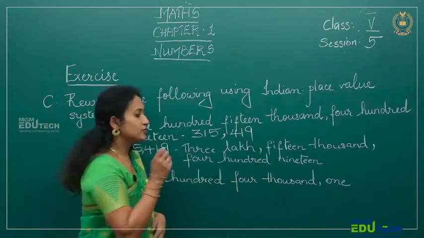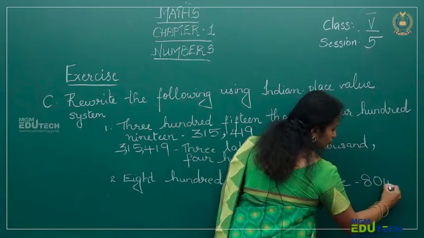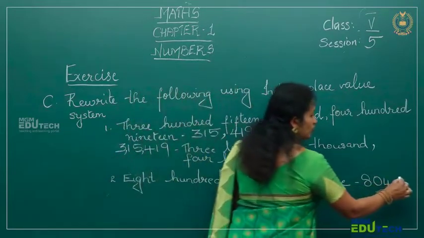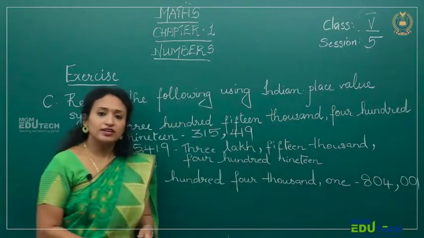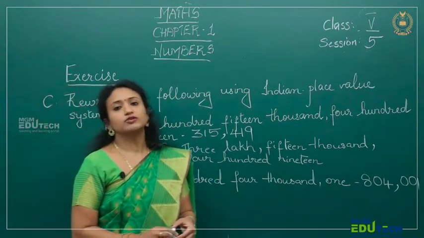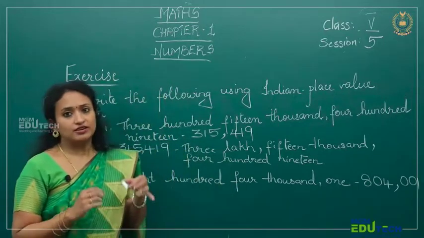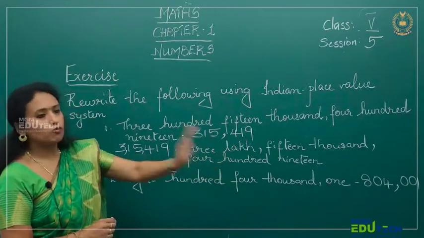804,001. So first write down that number. 804,001. That means what? You have to put the zeros correctly. If you miss out on any zero, your whole number goes wrong. So be very careful when you are writing the numbers. Okay, so this is 804,001.